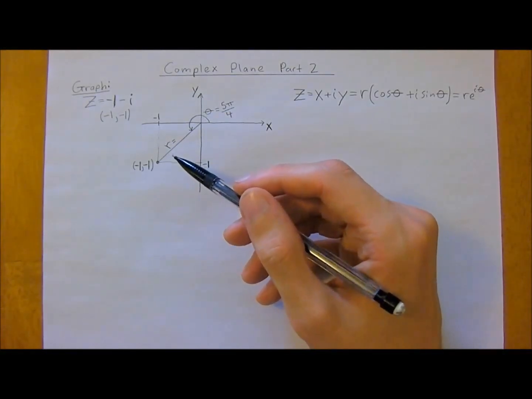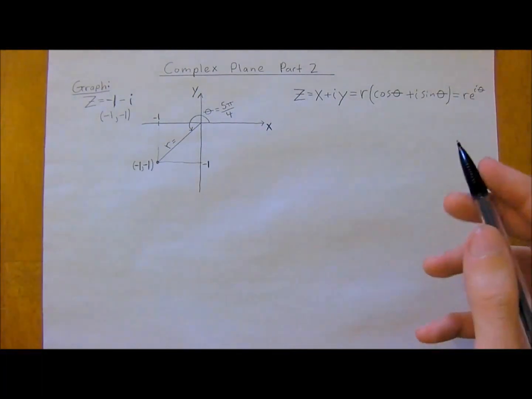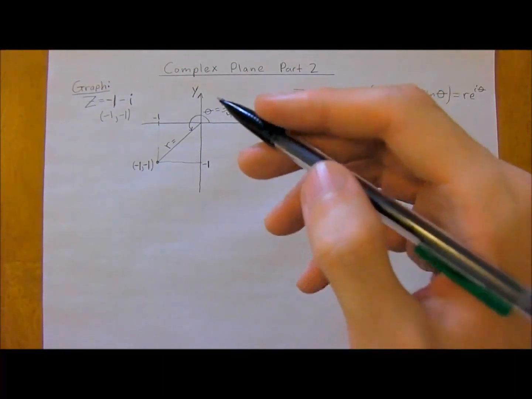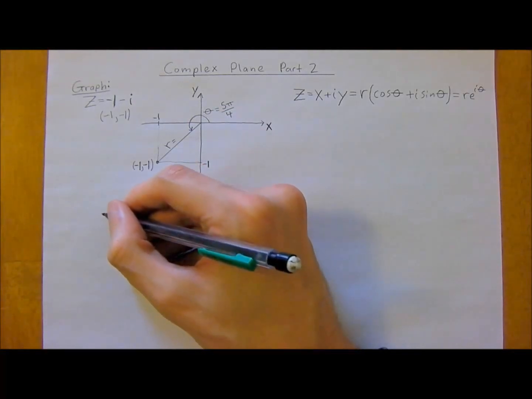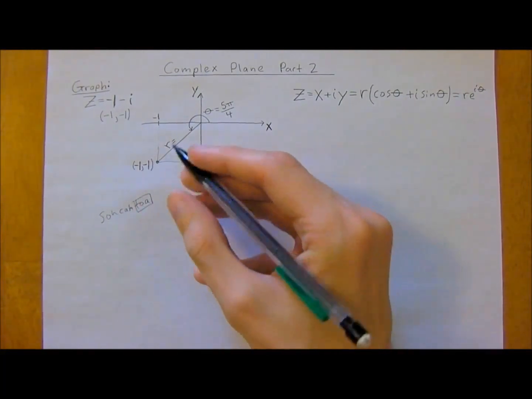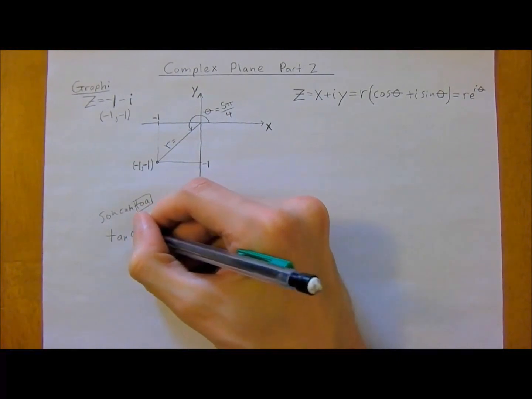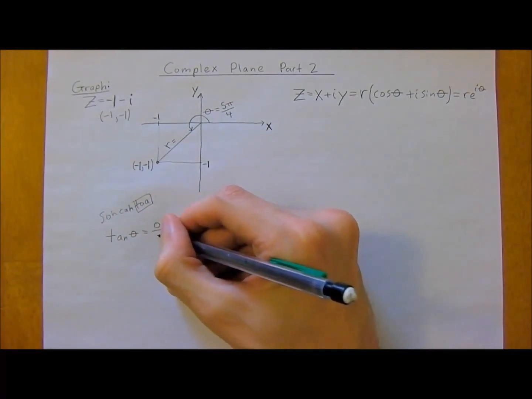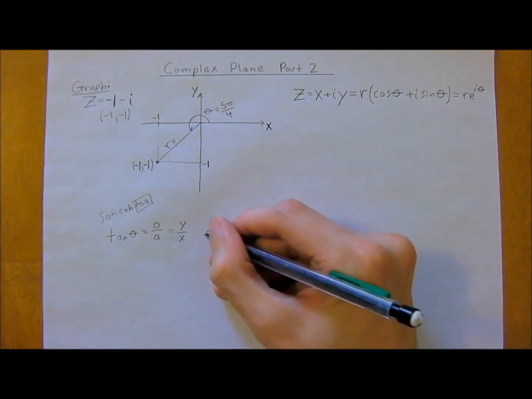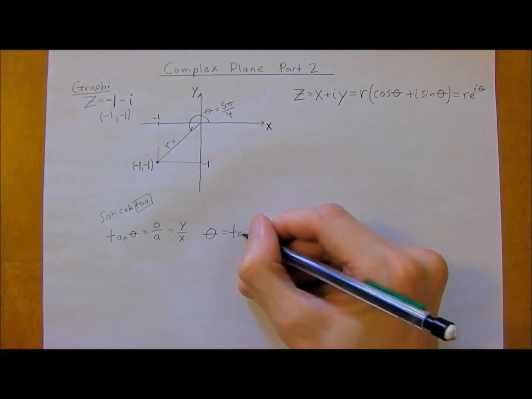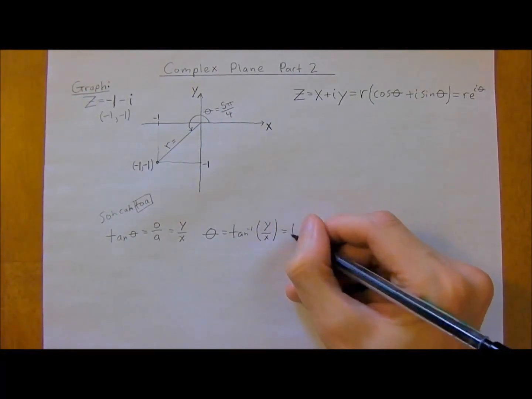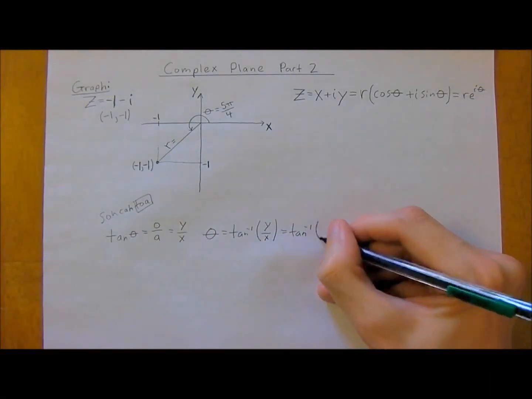Really the trick to this, so you remember in the last video we were working with SOHCAHTOA and Pythagoras' theorem, and the issue with this situation is, using SOHCAHTOA, if we just worked with tan theta equals opposite over adjacent, which would be y divided by x, and we took the tan inverse to get the angle of y over x, then we would have actually gotten an incorrect angle.